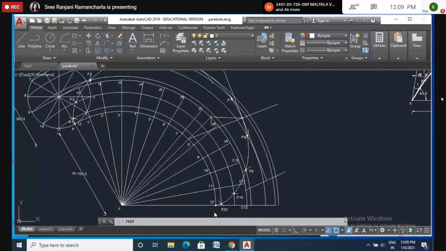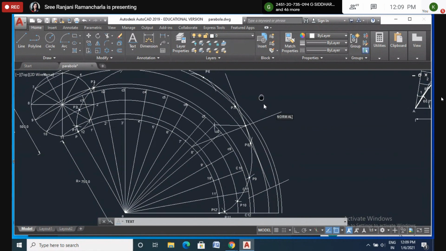If you want, you can write it again. Here I want to write only P12, so automatically you can understand, right? Okay. So here I want to write, this is the normal. So here normal. And this is the tangent.